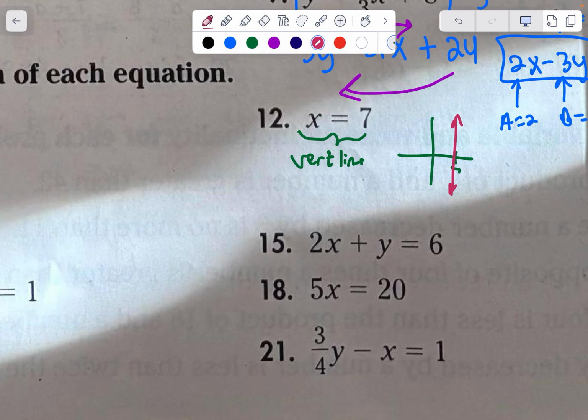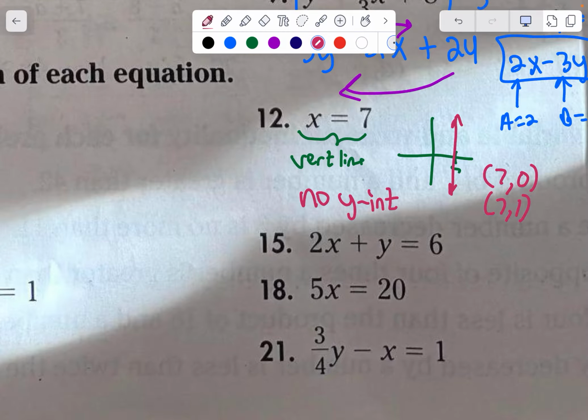Does it hit the y-axis? So there's no y-intercept. Okay. 7, 0. So if you wanted to do the graph, you can use an x value of 7 with any y values to make it. So it could be 7, 0, 7, 1, 7, 2, 7, 3.